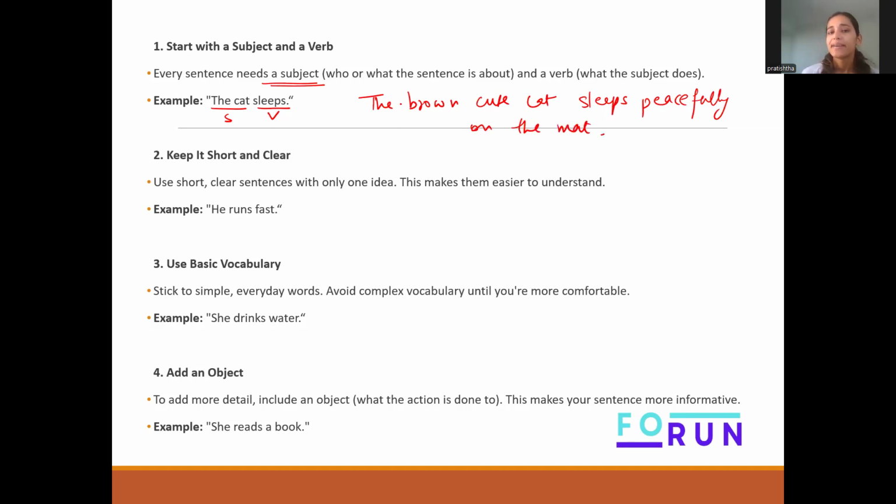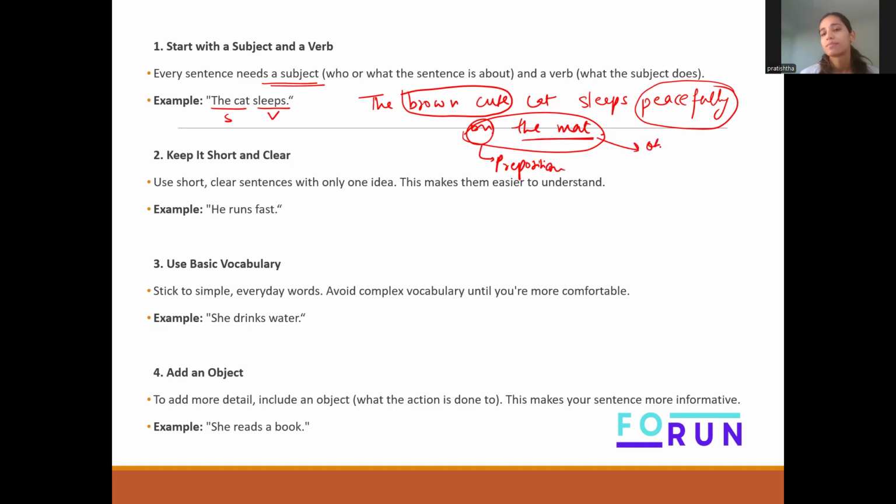Now, I have added information. I have added some adjectives here. This is an adverb. We will go to adverbs a little bit later on. And this is in fact our preposition, on. And the mat is our object. Right? So you can keep on adding.